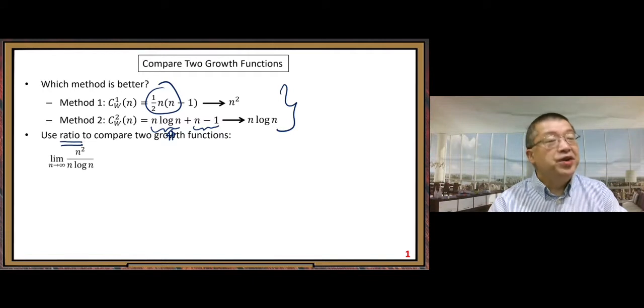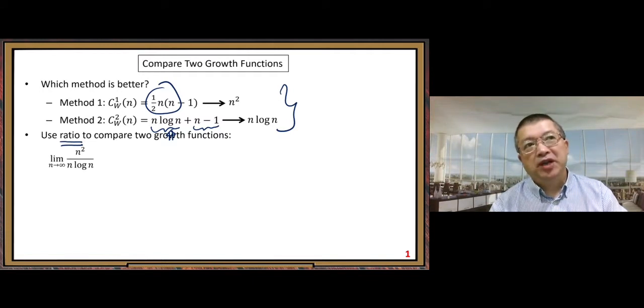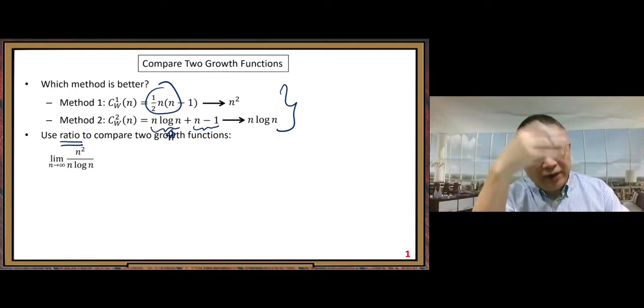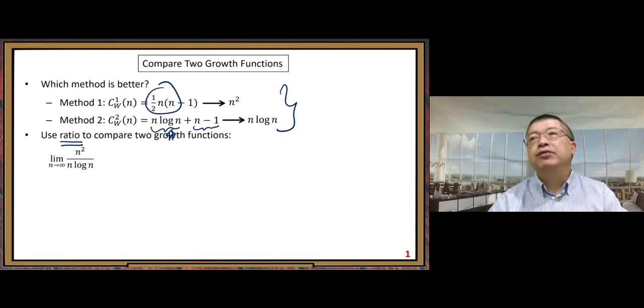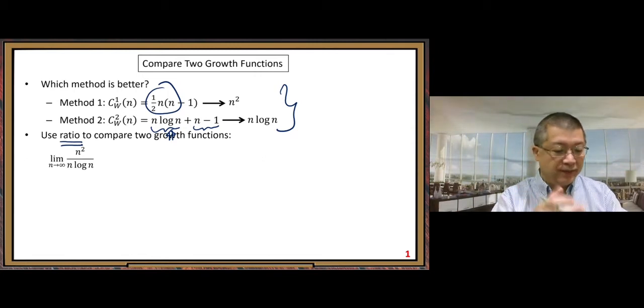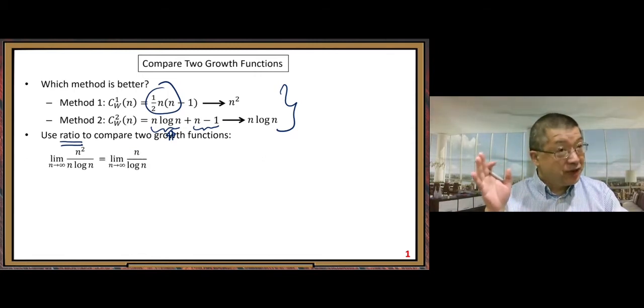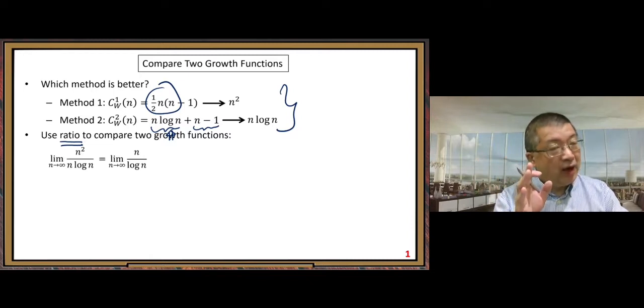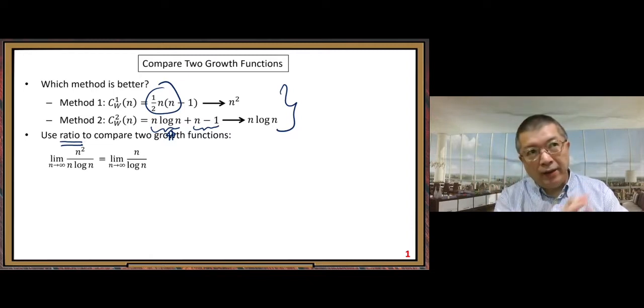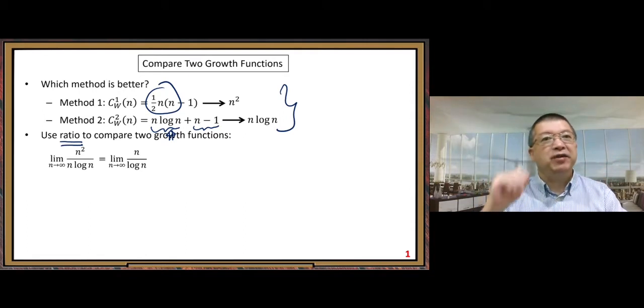We use the limit, because when n goes to infinity, we want to calculate the limit of the ratio of the two growth functions. After cancellation, we get the limit of n over log n when n goes to infinity.